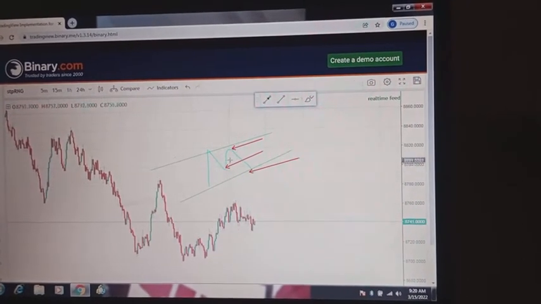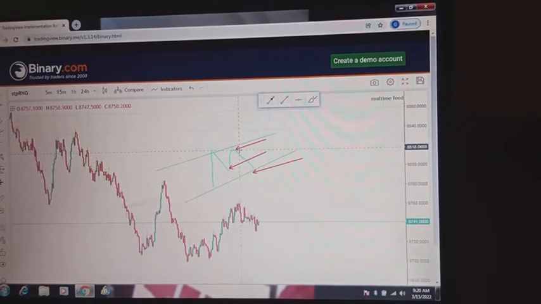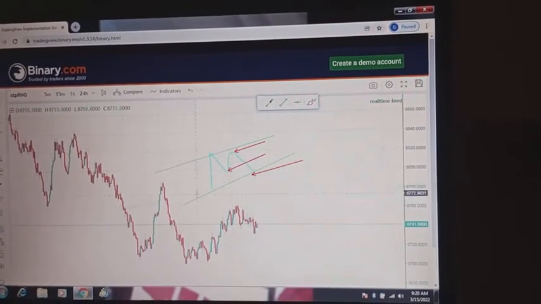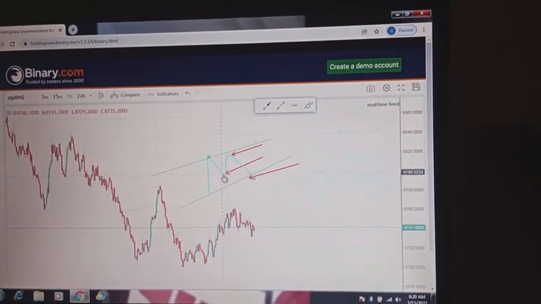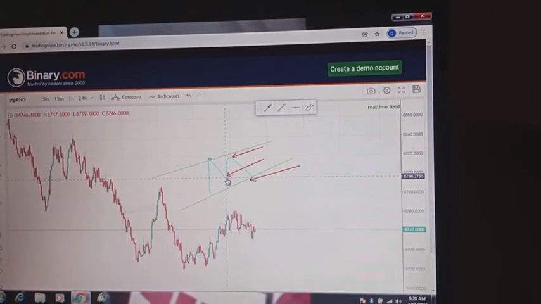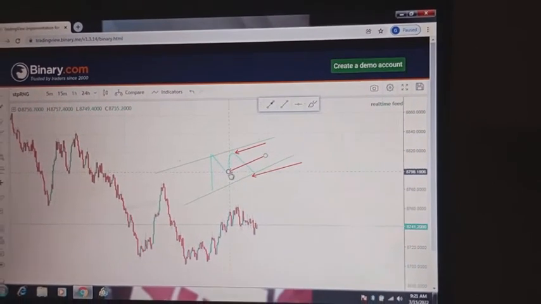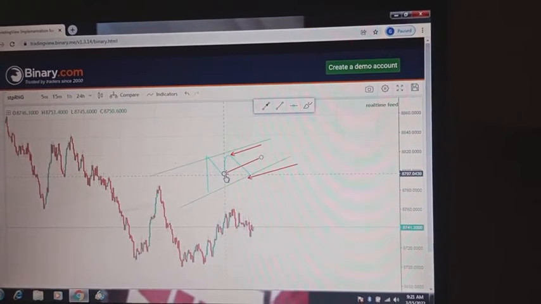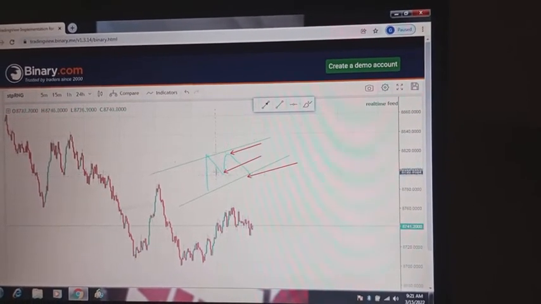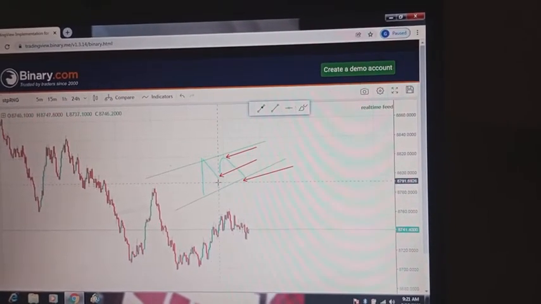This is the first place you need to enter the market, and this is your first TP. This first TP is what we call the leg line, and this leg line has a support. So now we have a resistance here, and we also have a support here.